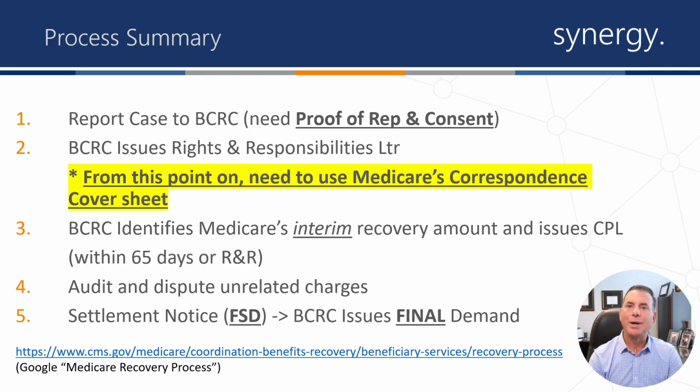But just remember that if the care isn't showing up on the CPL, that doesn't mean that when it comes time for settlement, that number won't grow substantially, because when you give Medicare all the settlement details, that's when they'll issue the final demand. At that point, you know you have a number from Medicare that you can rely upon and is not going to change.